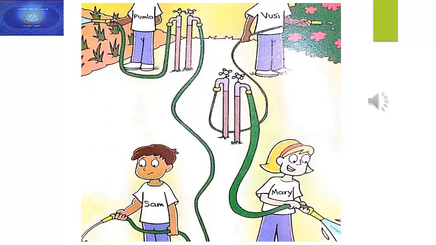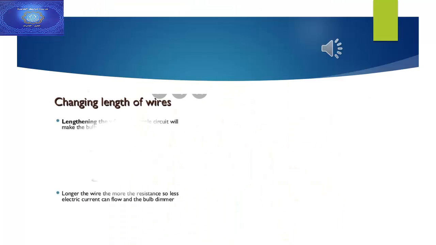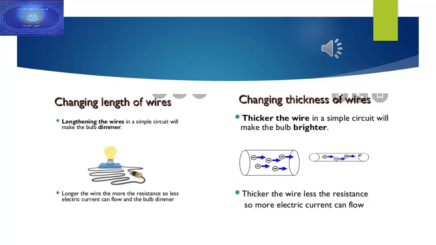Same like that in the case of electric current also. So you remember, a long and thin wire has more resistance, so less electric current can flow. Changing length of wires. Lengthening the wires in a simple circuit will make the bulb dimmer.